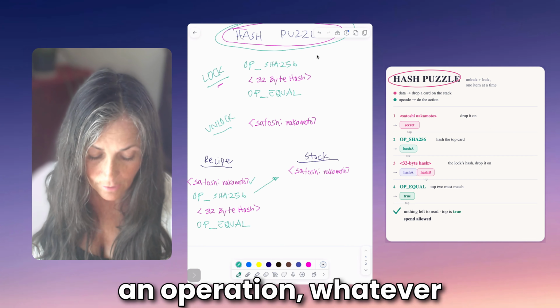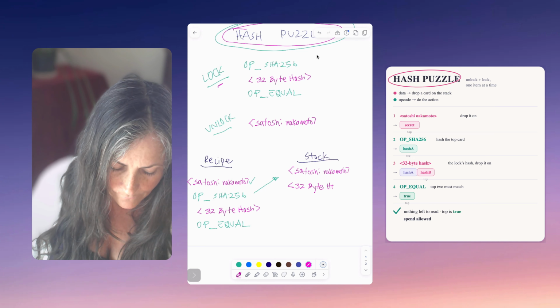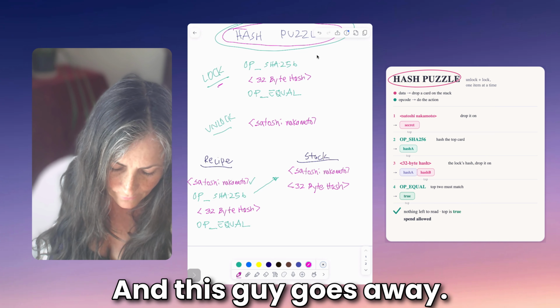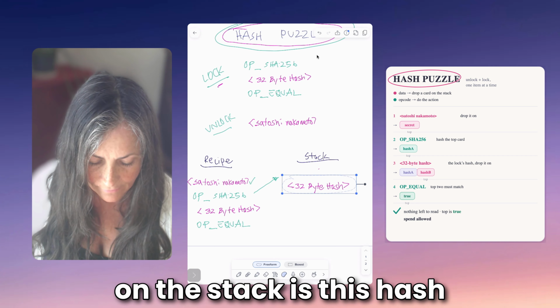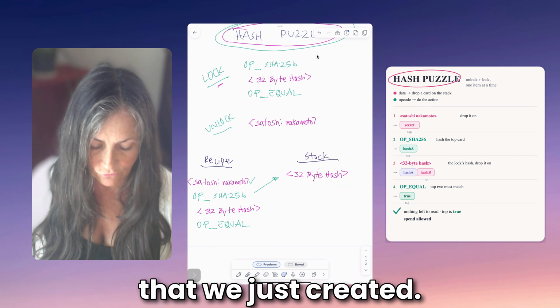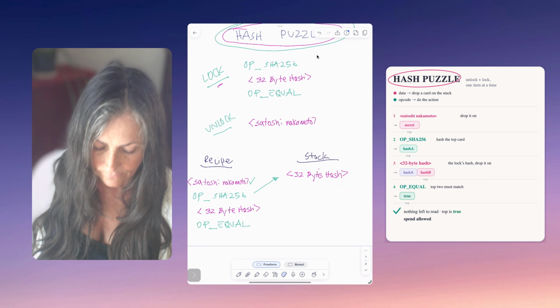So we are going to do a SHA-256 hash of that, and what do we get is a 32-byte hash. Okay, and this guy goes away. So what we have left on the stack is this hash that we just created. Super.